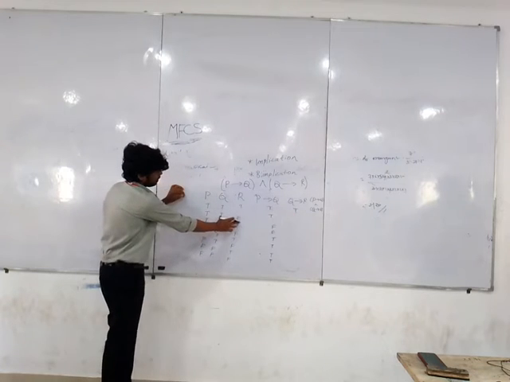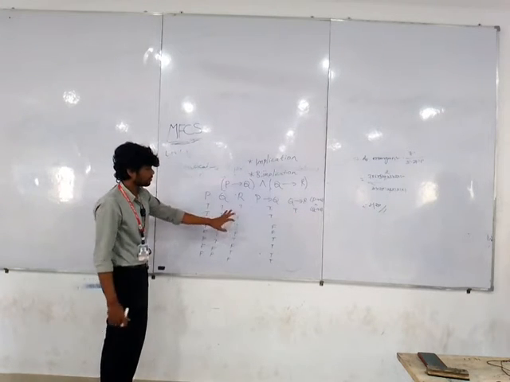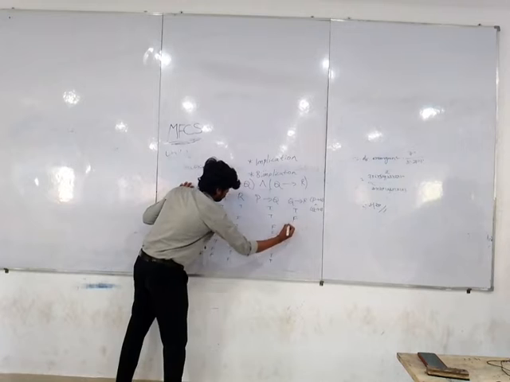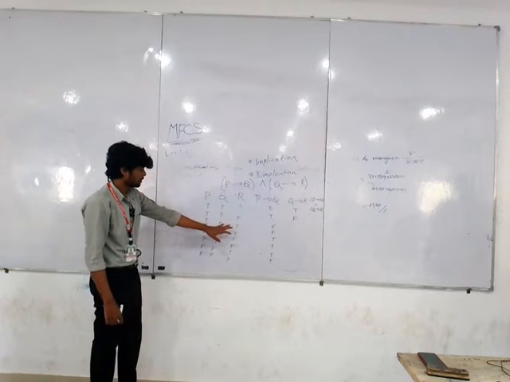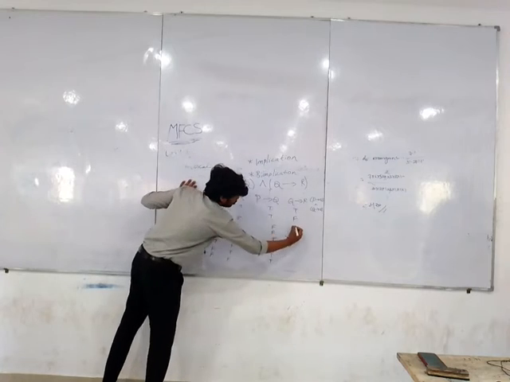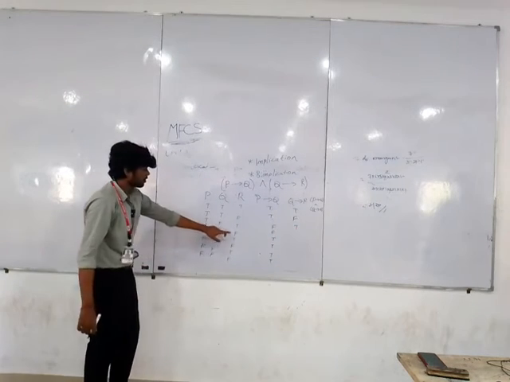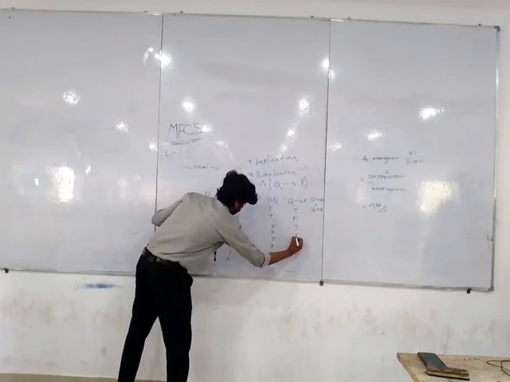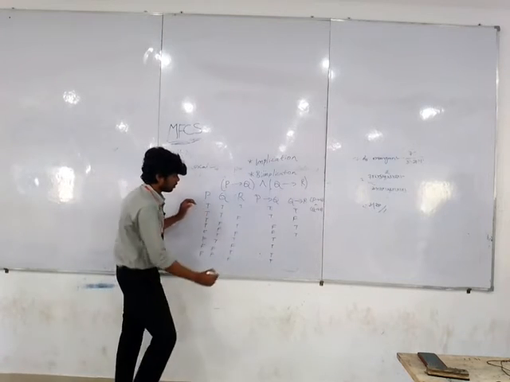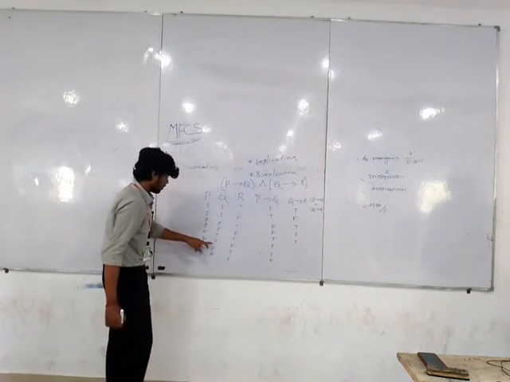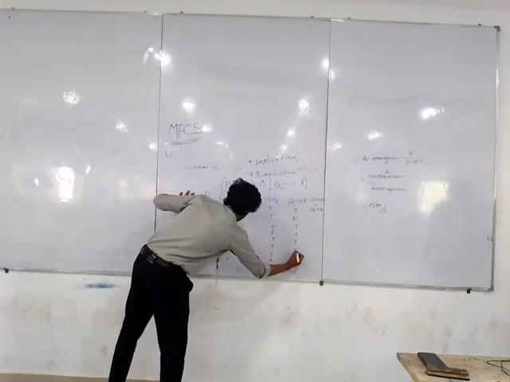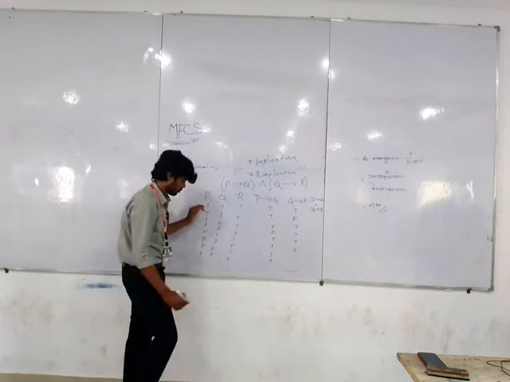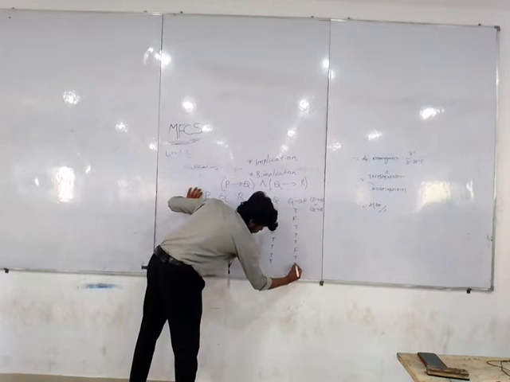And the first one is true and the second one is false, so I will write false. And the first one is false and the second one is true. In those conditions the output will come true, and false, so true, and true also gets true, and true, false, and false, true, and last false, so false.